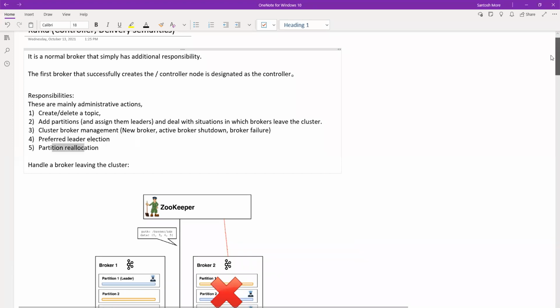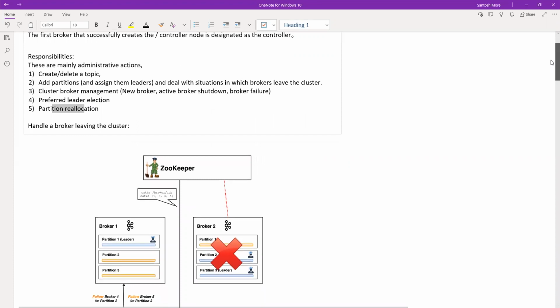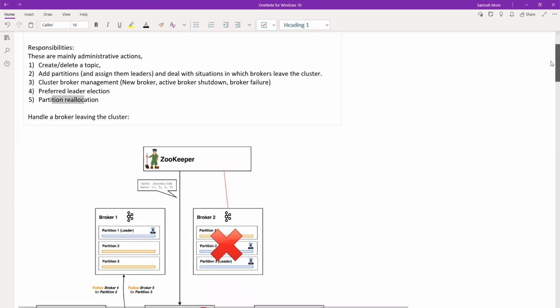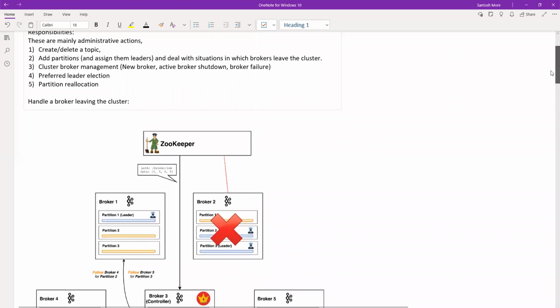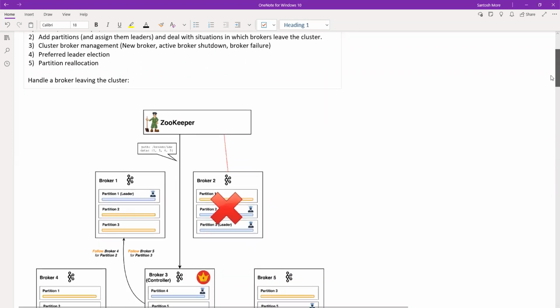If the partitions which are already present are not loaded in the best way, because some brokers are overloaded and some are not so much loaded, there is some way to reallocate that, but I think we have already discussed that, so we won't go into details now.